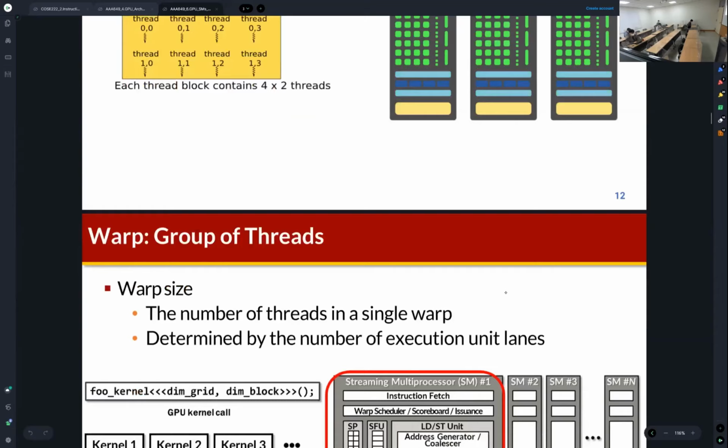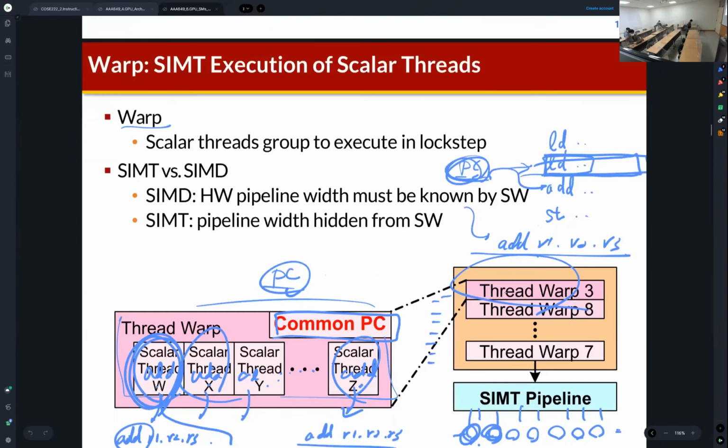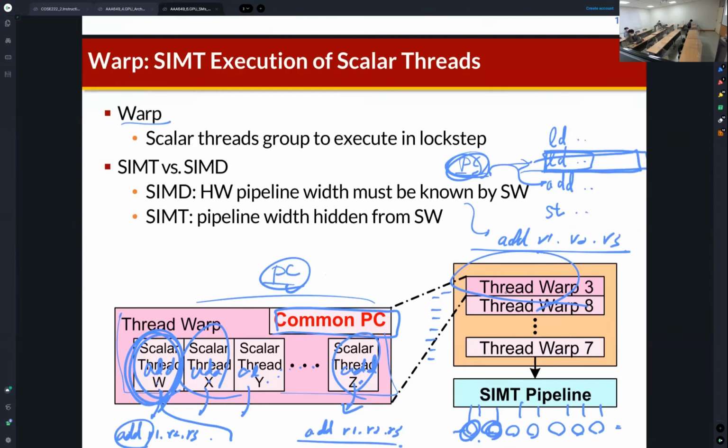We are learning about SIMT and SIMD. As I mentioned, the streaming multiprocessor executes warps. A warp means a group of threads. This is the same in AMD GPUs.